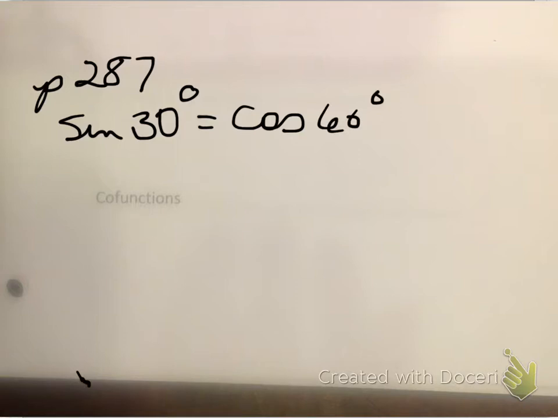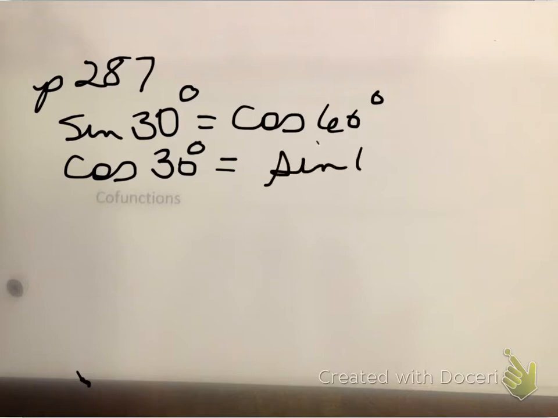And if you look at the cosine of 30 degrees in your book, it's the same thing as sine of 60. Because of this pattern, they have established these cofunctions. I think there's only one example of these cofunctions on your assignment, but these are the cofunctions.